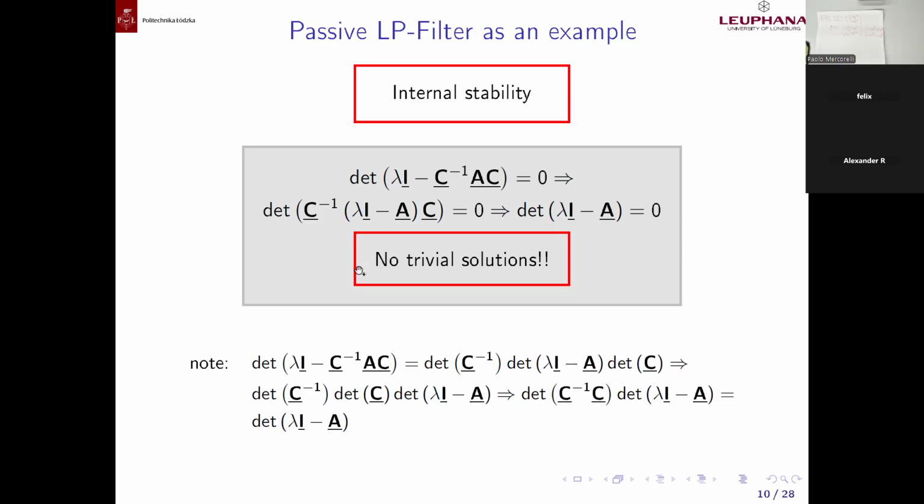Because if you look at this expression here, we have the determinant of the product of 3 matrices, and this is the product of the 3 determinants.